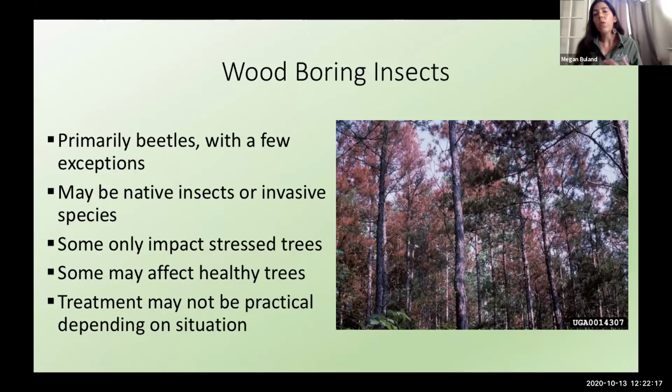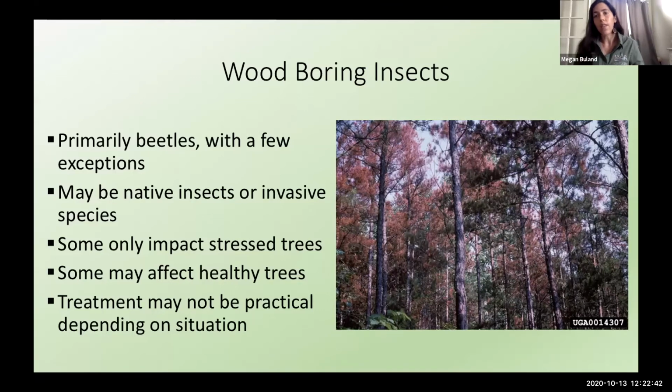Some of these only impact stressed trees. There are some bark beetles that will usually only be seen on landscape trees if those trees are already really stressed. Now, this is landscape trees. Trees in a forest setting can be very different. In the southern US, southern pine beetle is known to heavily impact the health of pines throughout the southeast in a forest setting.